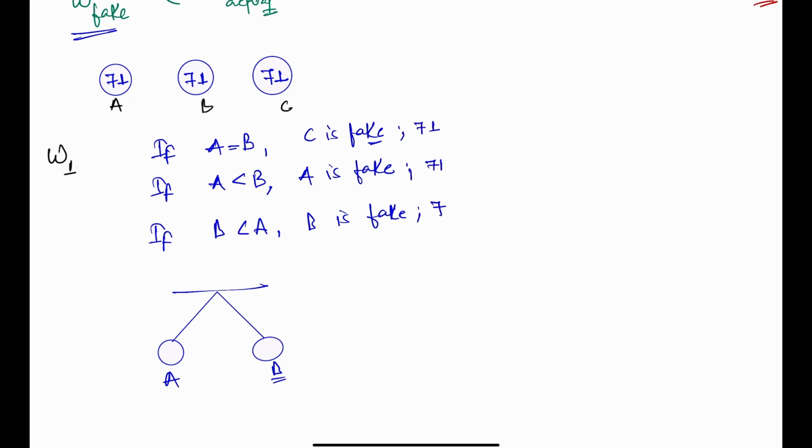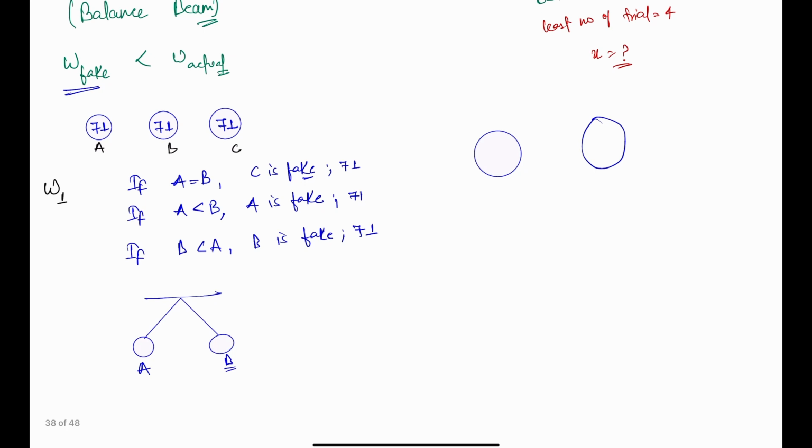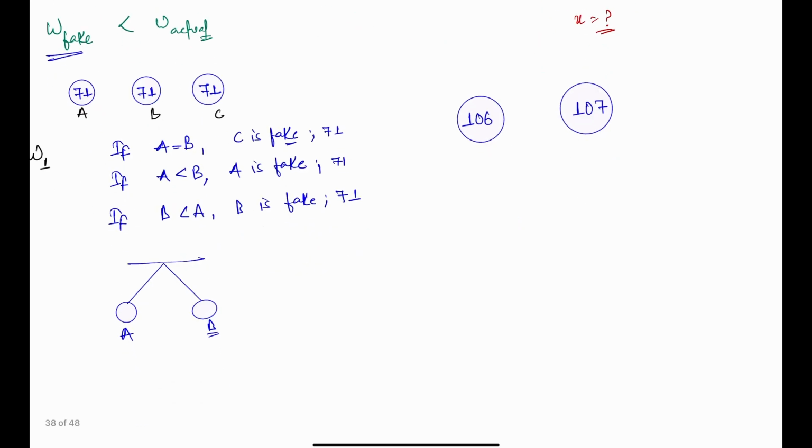So instead of dividing into two parts, that would be two parts of 106 and 107. Instead of measuring between them which is heavier and which is lighter, it would take so much time and more effort.